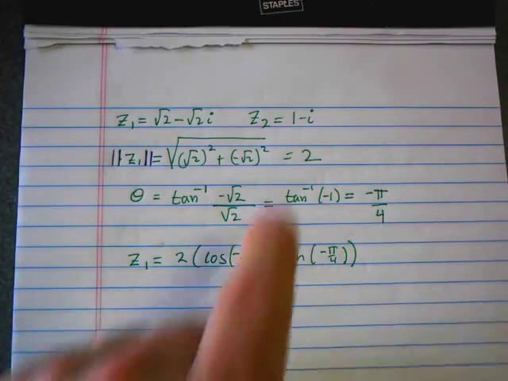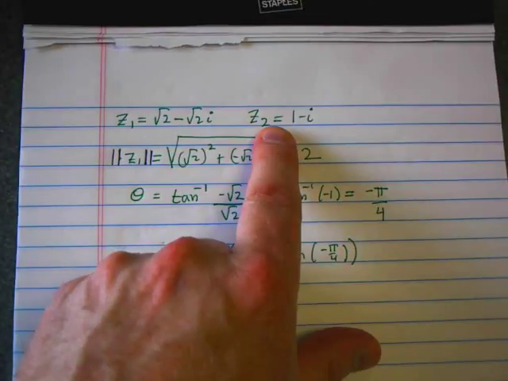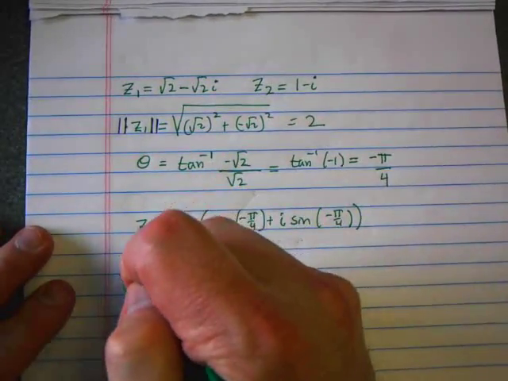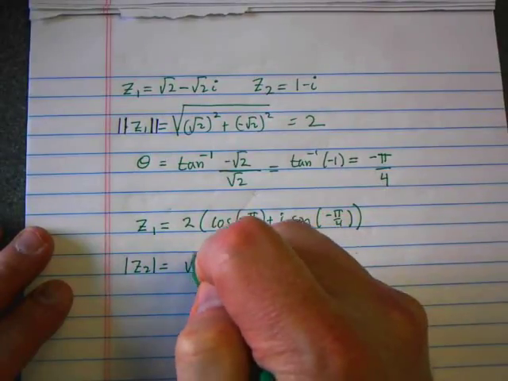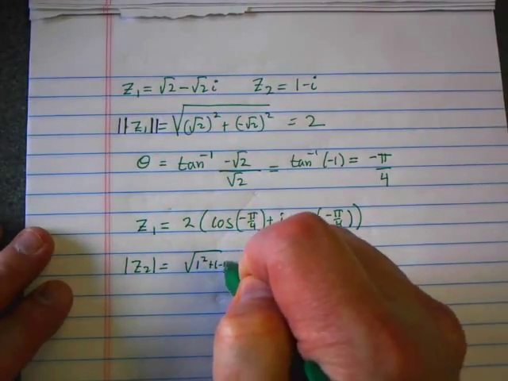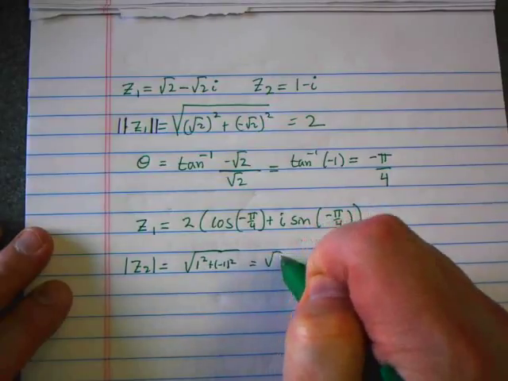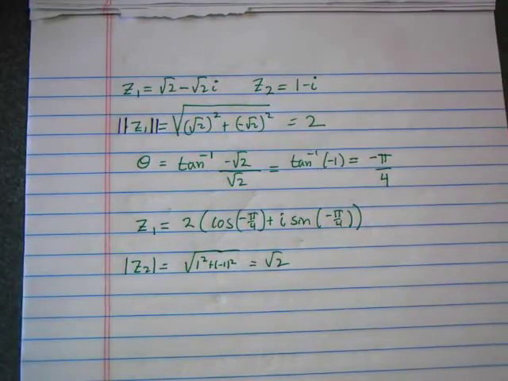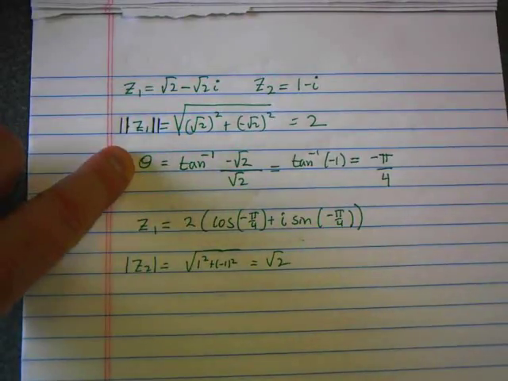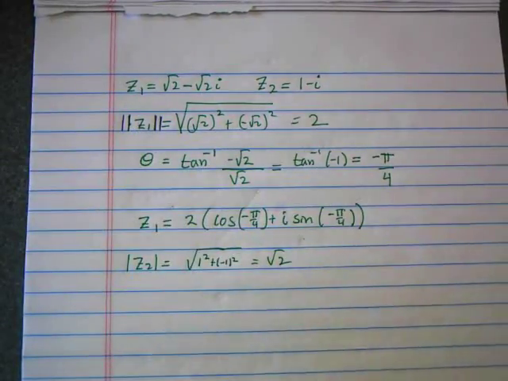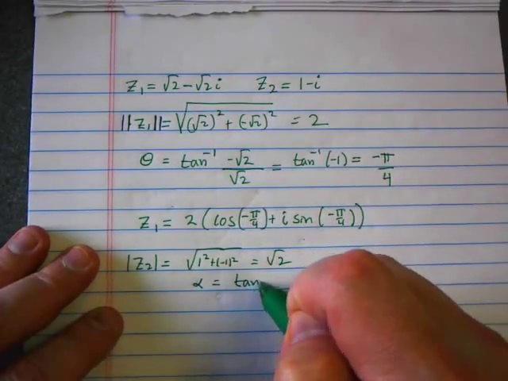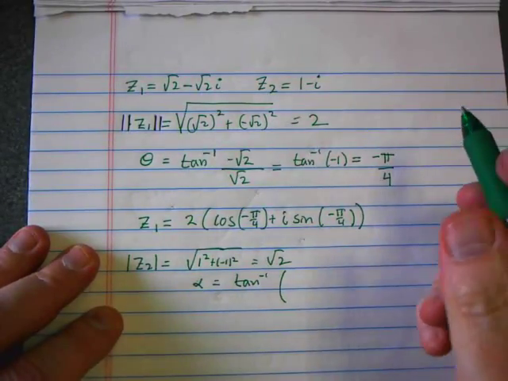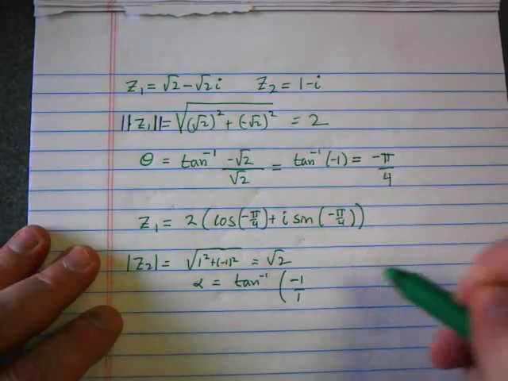All right, now we need to do the exact same thing with Z2. The length of Z2 is the square root of 1 squared plus negative 1 squared. That's square root of 2. Then I don't want to use theta again because I already used theta, so I'll use alpha. Alpha will be the tangent inverse of negative 1 over 1, although it's not going to make a difference now that I look at it.